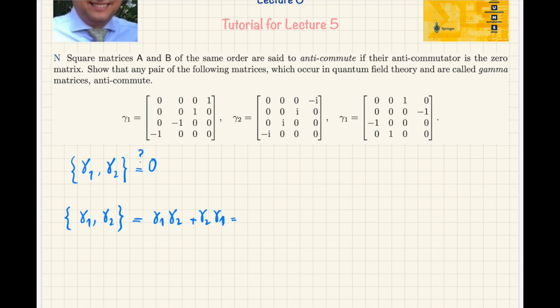But what is this one? Gamma 1 is a 4 by 4 square matrix here, defined in the problem. I just quickly write that. And then I multiply it by gamma 2, which is also another 4 by 4 matrix.